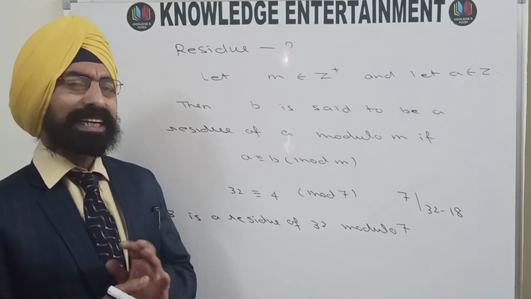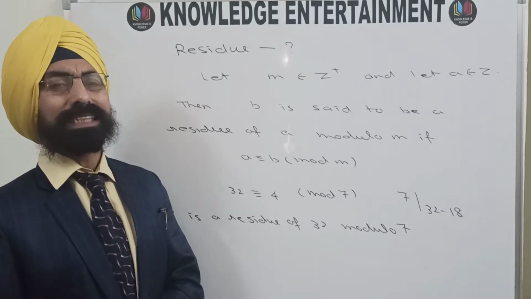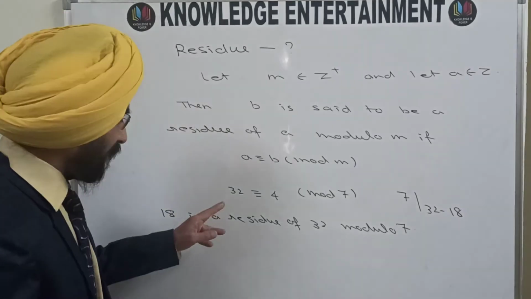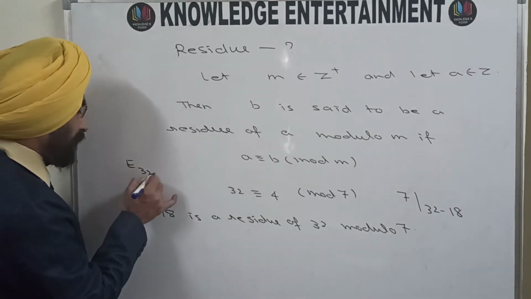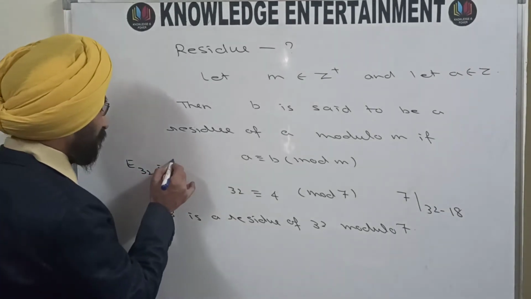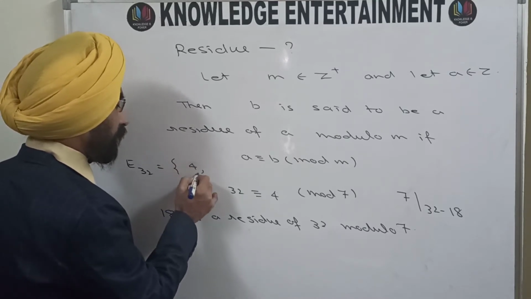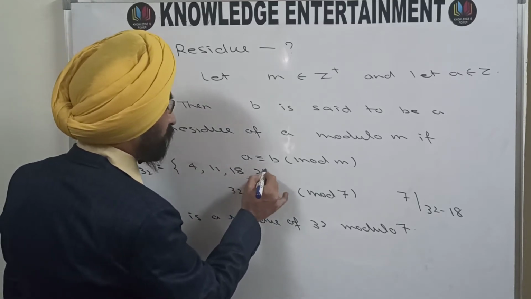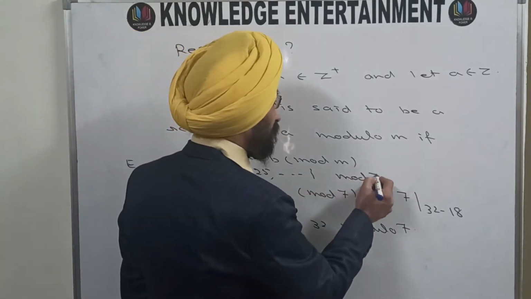And if you collect all these numbers, then it is said to be the residue class of a. For example, here we are working with 32. So what is E32? E32 means the residue class of 32 modulo 7. So you will have here 4, 11, 18, 25 and so on, because we are working modulo 7.